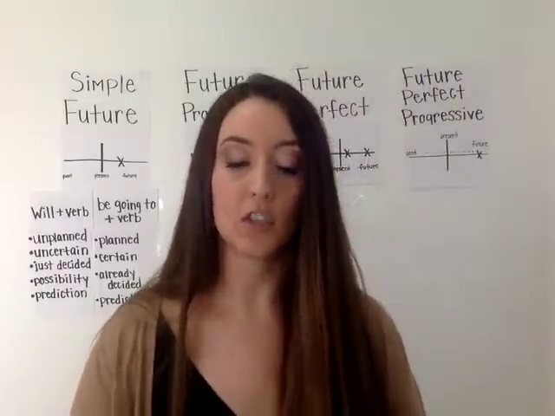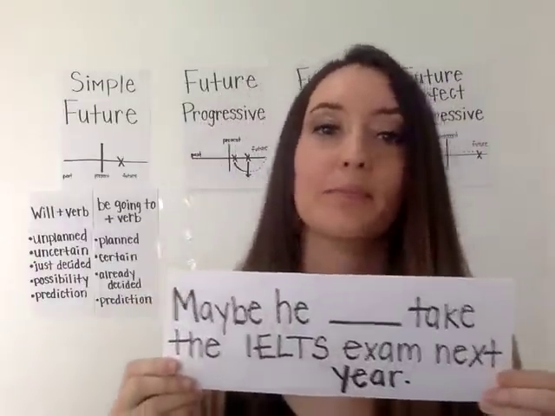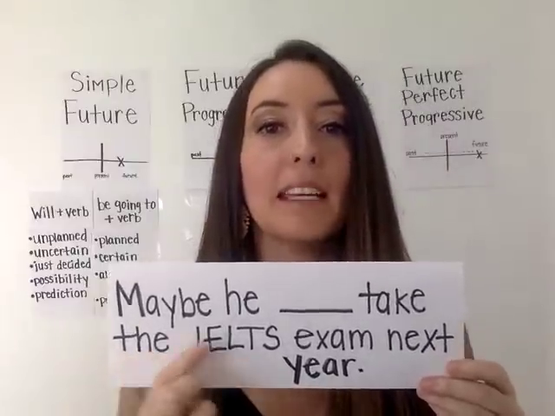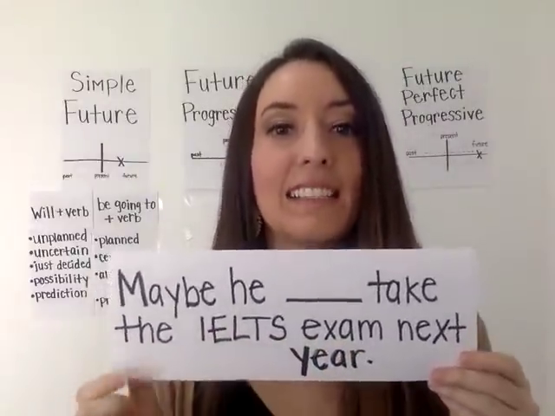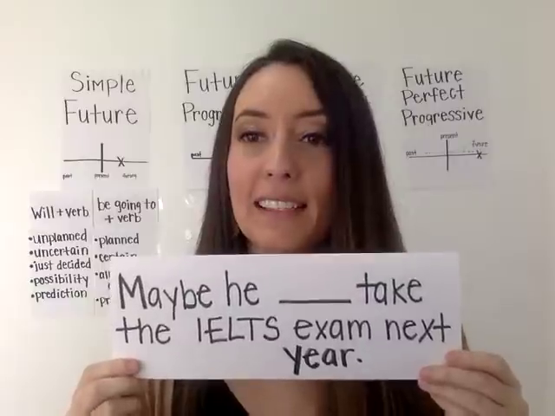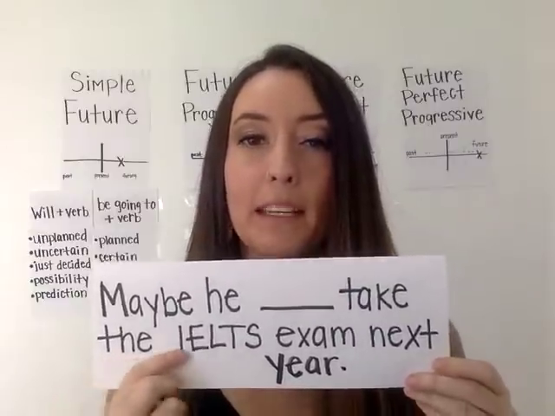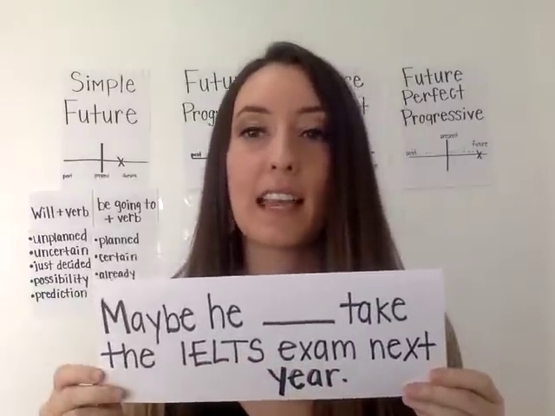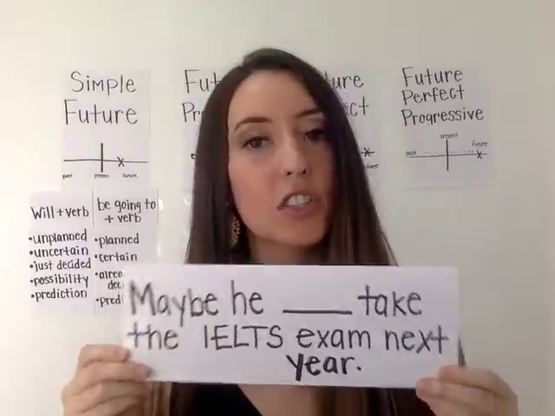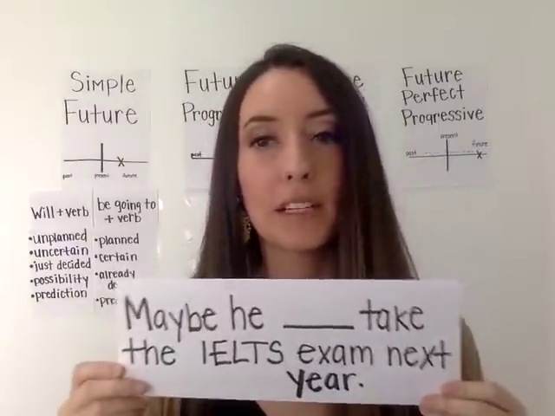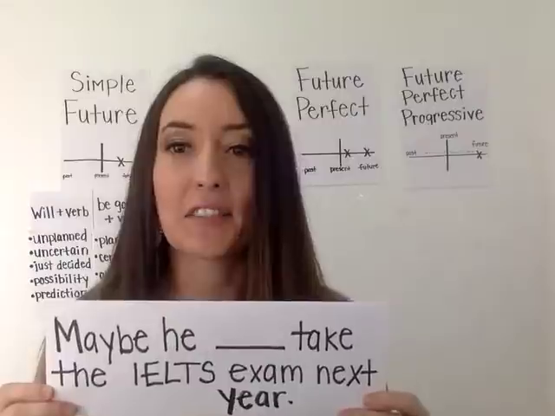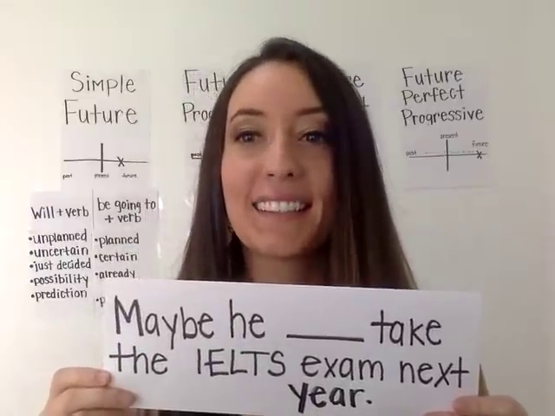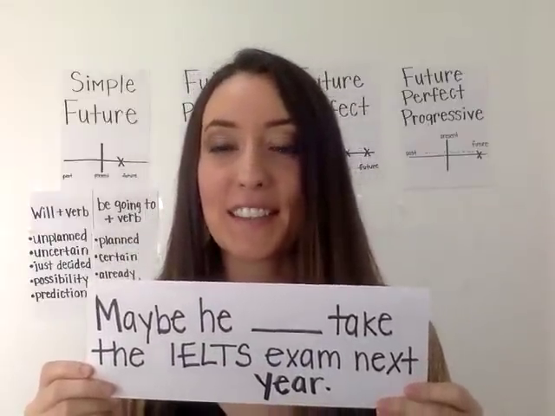Okay, I just have a few more examples. Let's practice two more. The next example, maybe he, blank, take the IELTS exam next year. Should this one be will or be going to? Give you 5 seconds. Type your answers in the chat.